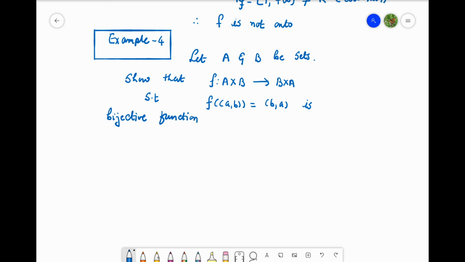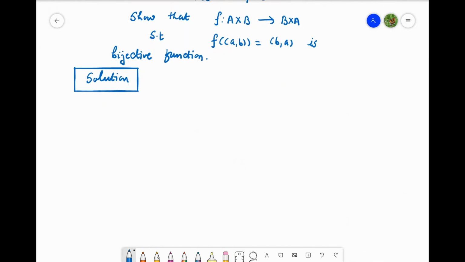Bijective means it is one-one and onto. So we have to show that this function is both one-one as well as onto. So let us prove this function is a bijective function. Here the domain is A cross B, the codomain is B cross A. Elements of A cross B or B cross A will be ordered pairs.